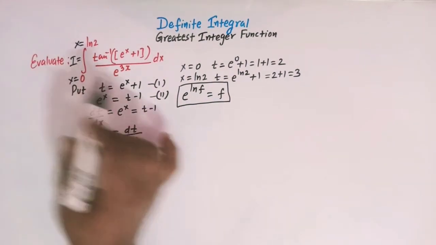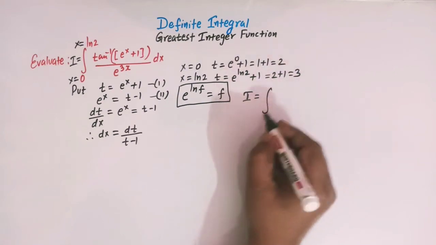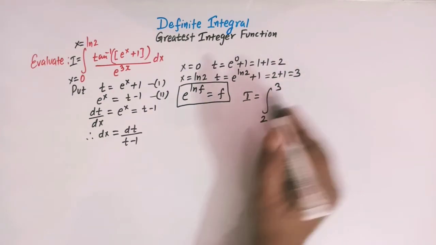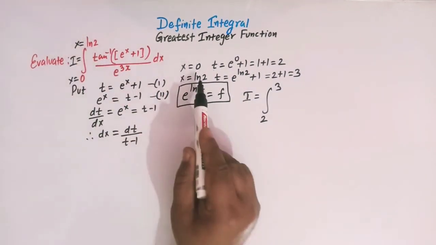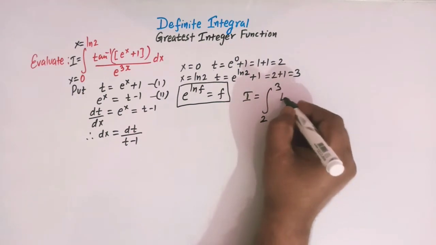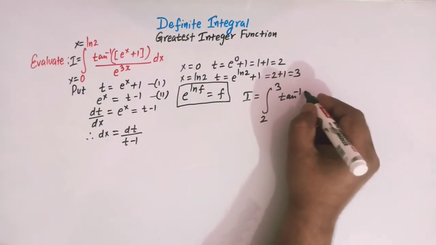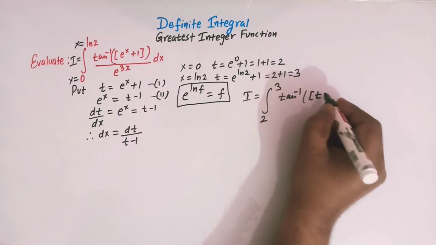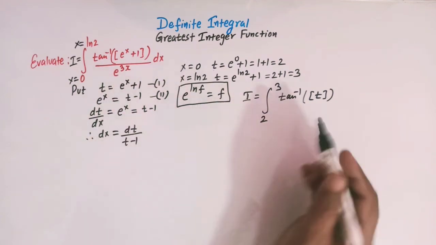So now this integral I becomes the integral from 2 to 3. When x is 0, t is 2, and when x is log of 2, t is 3. So we have 2 to 3, and tan inverse of the greatest integer of t, since e raised to x plus 1 is t.